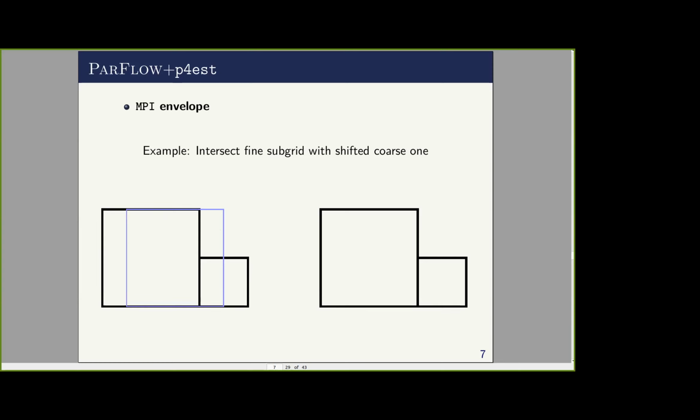Here it won't be well defined, or it will be a wrong result. So what we do is create a parent of the smaller grid here. Forget for a moment about the smaller ones and execute the normal Parflow code, which will see this intersection correctly, and then just map it back to the smaller one. Of course, it's more complicated than that. In the actual code, you have to account for other cases, but this is just to illustrate a way in which this is done.